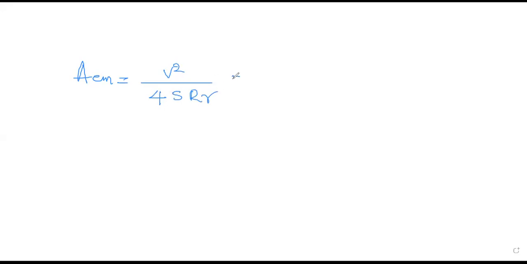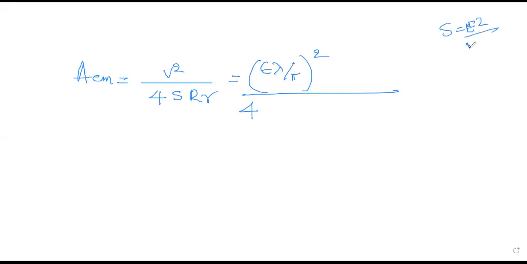Now for a short dipole, you have to remember the equation of short dipole. For short dipole, the voltage we have got in that derivation is E lambda by pi, whole square, divided by 4. S, you know, is related to E square, Poynting theorem, E square by 120 pi. So you'll be writing it as E square by 120 pi.